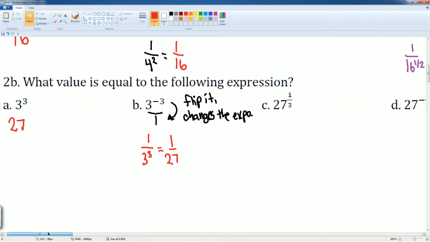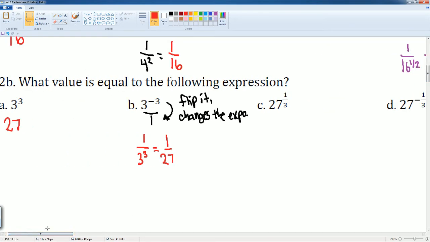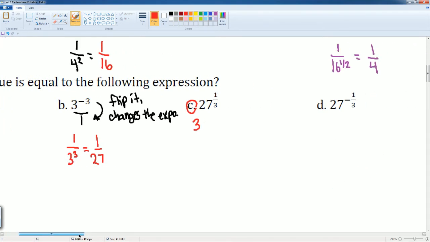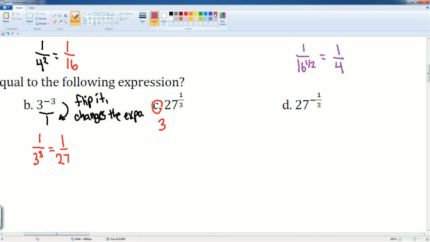Alright. Let's take a look at 27 to the 1/3 power. If you plug that into your calculator, you should get the value of 3. Okay? Please notice C and A are connected somehow. Now, what happens if we have something like this, which is a negative exponent?